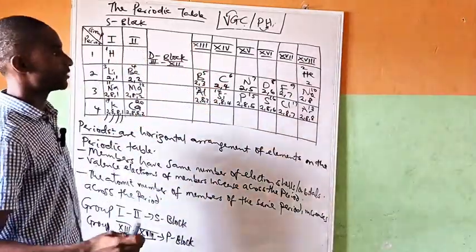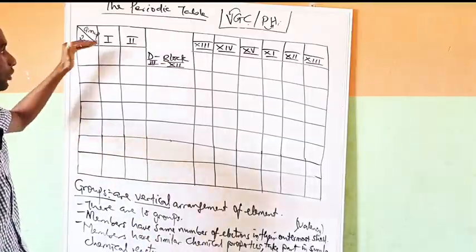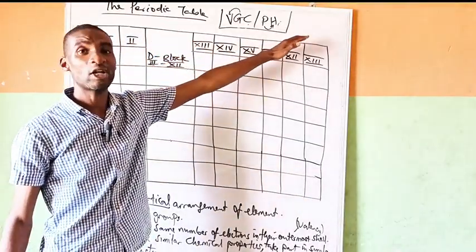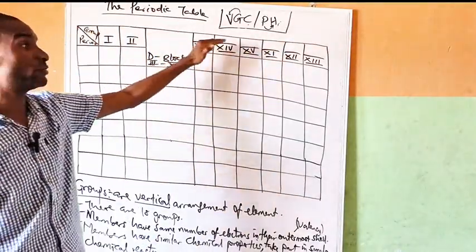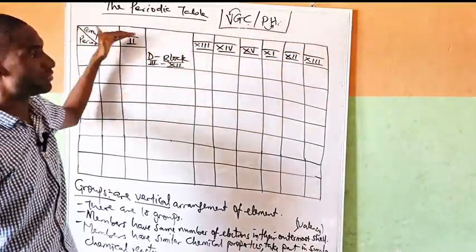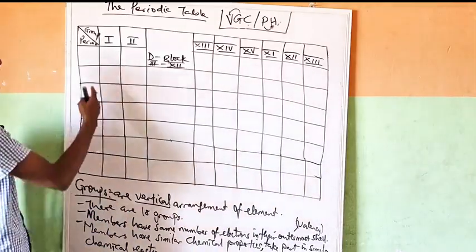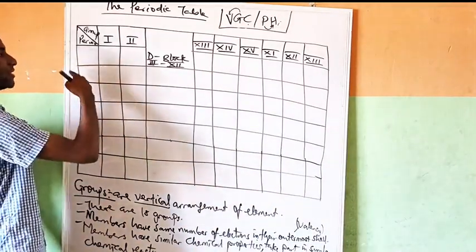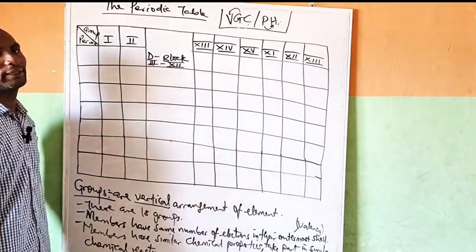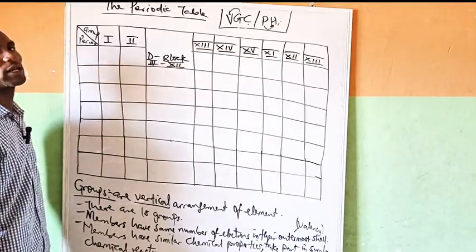So take note of that. You can also write these in numbers, but it's more preferable to label the groups in Roman numerals, and then you can label the periods using your normal numbering.